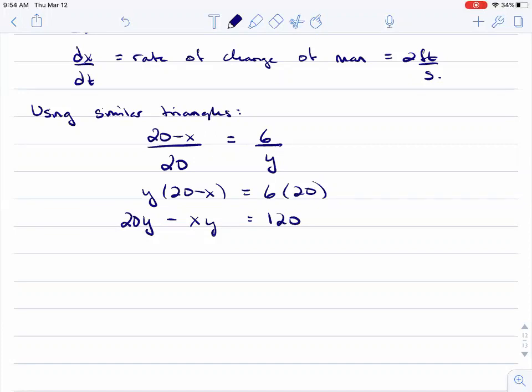It doesn't actually matter, but because I know I'm going to have to take the derivative of this thing, it's easier if I keep the y on the outside. So y times 20 minus x. And you'll start to see that stuff too, right? Do you want to do two product rules, or just one product rule? I don't know. Doesn't matter. Or I guess 1.5 product rules. Anyways, it's easier this way.